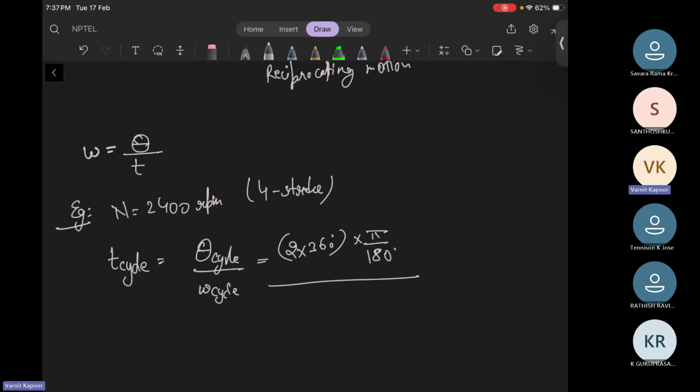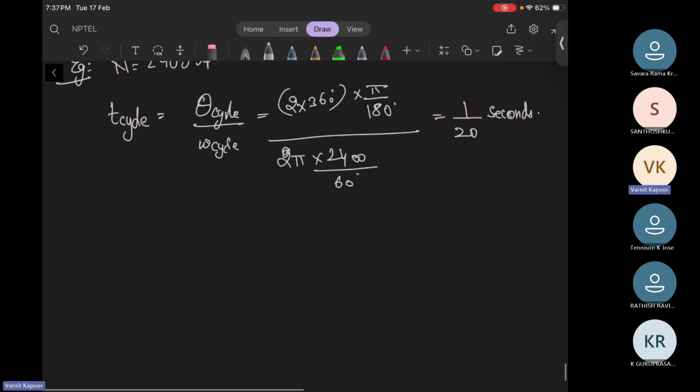Omega in radians per second is 2 pi N by 60. So with N as 2400, divided by 60, this will come out to be 1 by 20 seconds. So the time of my cycle is 1 by 20 seconds, if you solve it.